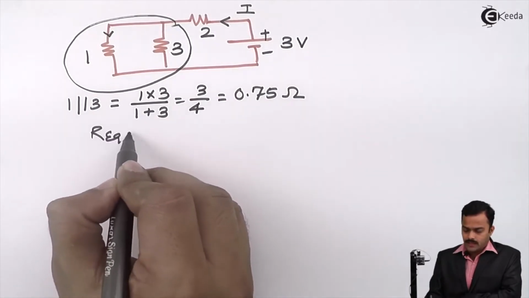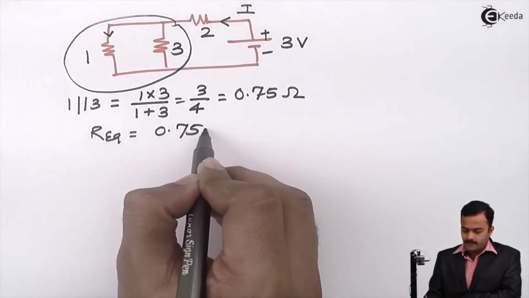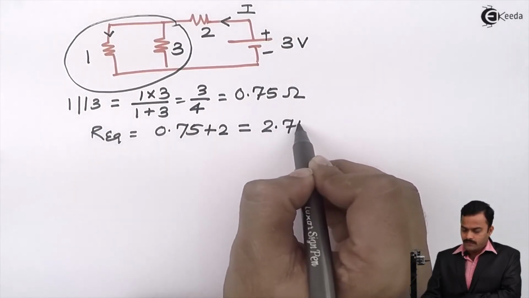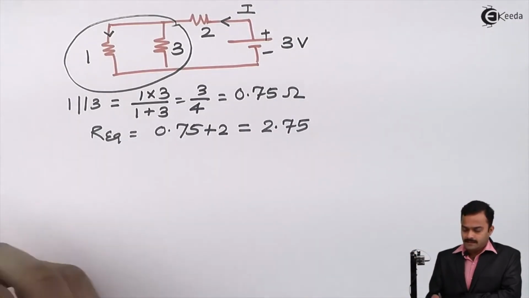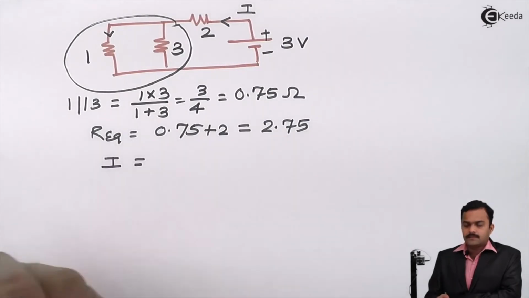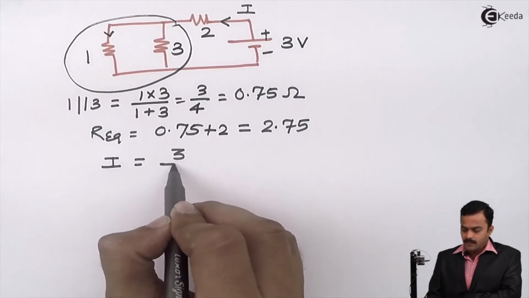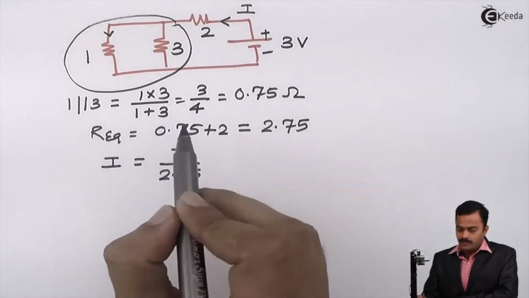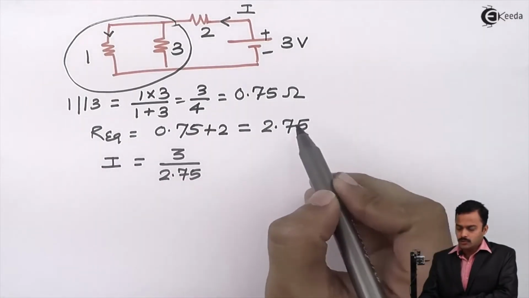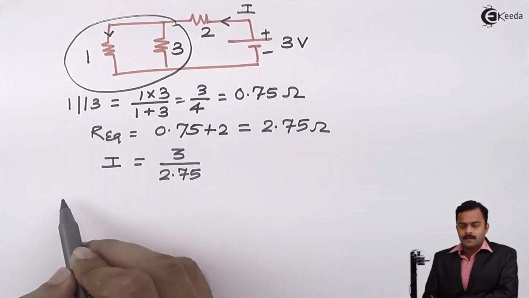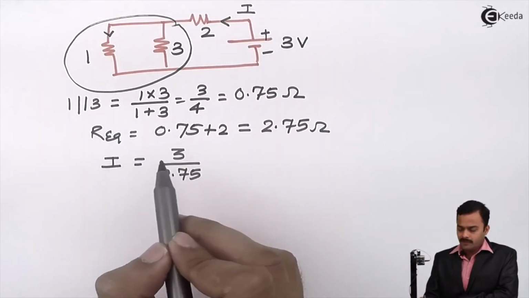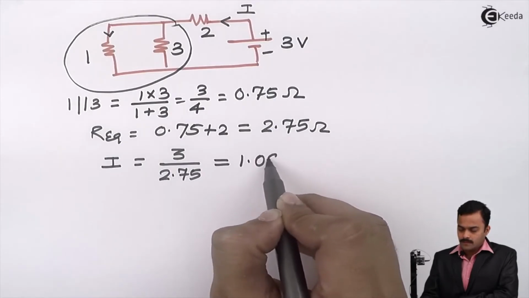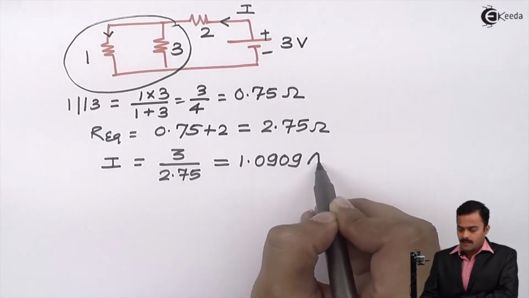So R equivalent I will get 0.75 plus 2, which is 2.75 ohm. Then current given by this battery will be 3 divided by 2.75, which is equal to 1.0909 ampere.